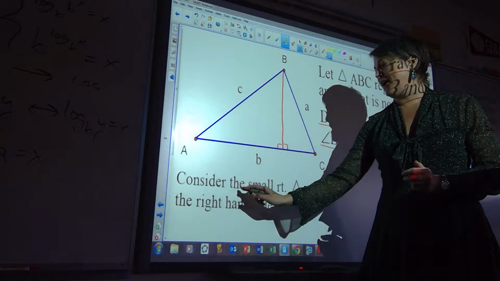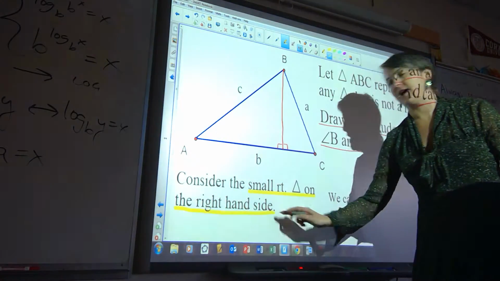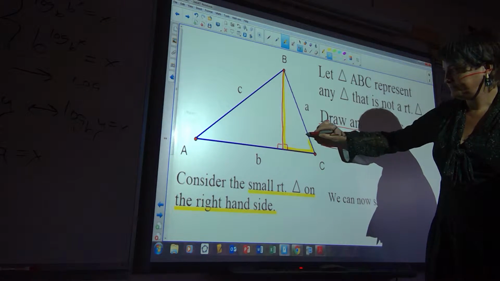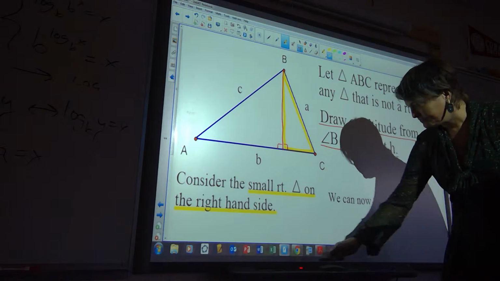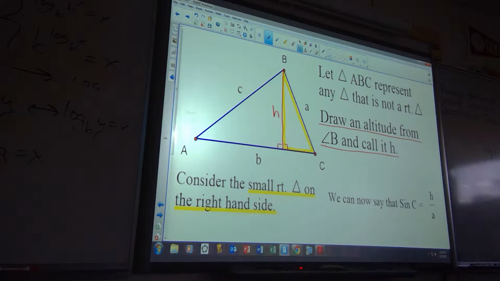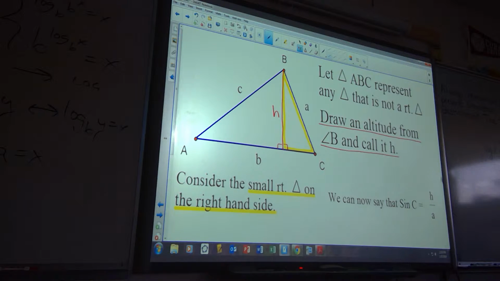So why don't we start by looking at the small right triangle that's on the right-hand side. So let's just look at this one right here. And this we called H. If we wanted to, we could go ahead and use SOHCAHTOA.